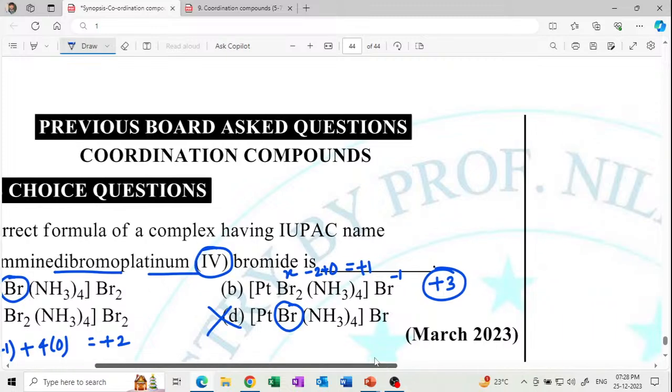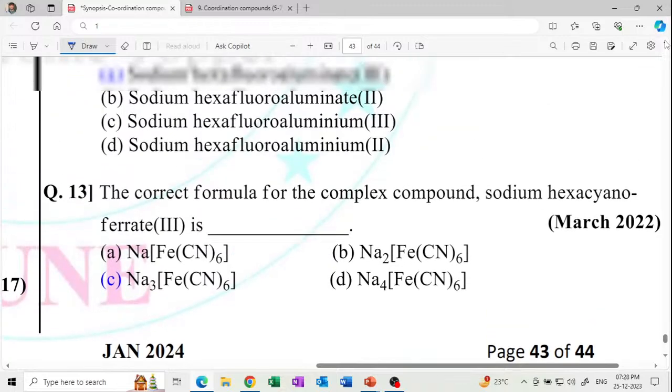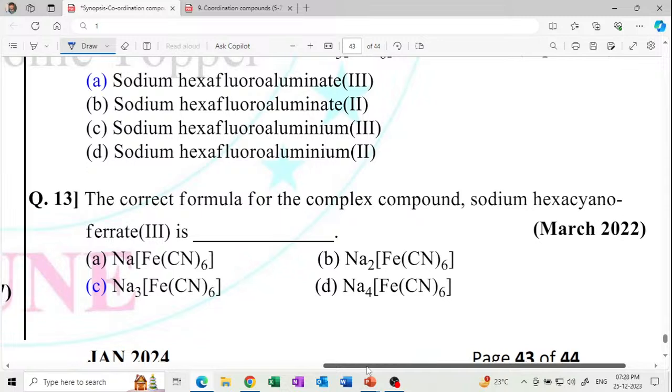Coordination compounds. Now start one by one. The correct formula of the complex. The correct formula for the complex sodium hexacyanoferrate. Sodium hexacyanoferrate, then what is the correct formula?